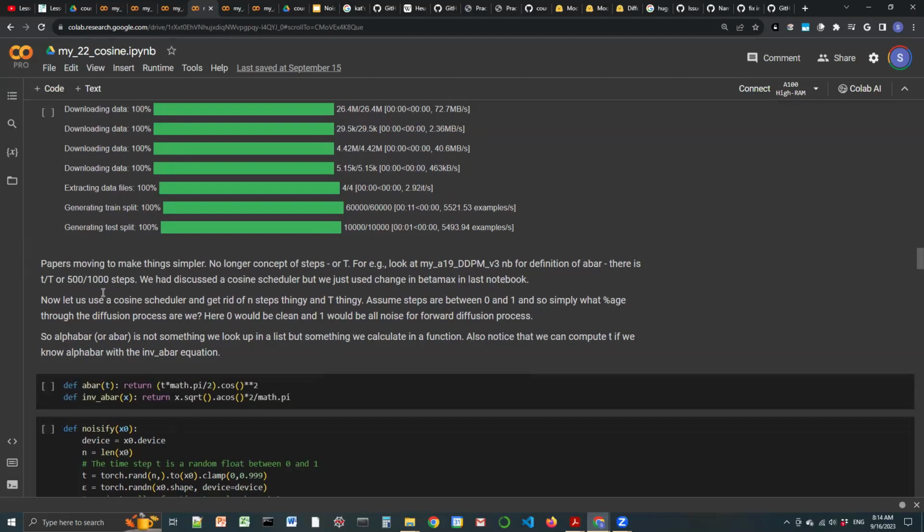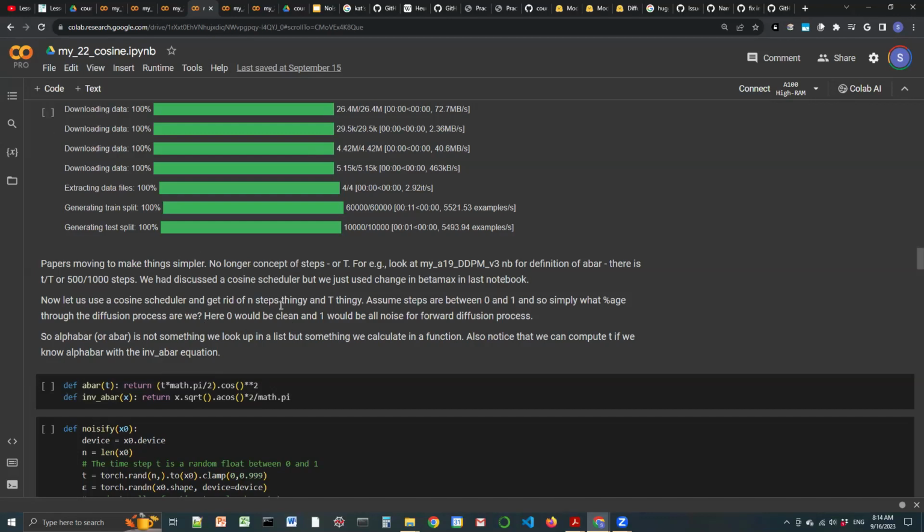So alpha bar is defined this way, as I already showed you in the other notebook. One of the advantages of alpha bar being defined in this particular way is that you can also do an inverse alpha bar, because if you know alpha bar as a given specific equation, obviously you can invert the equation to get back the inverse alpha bar as well.